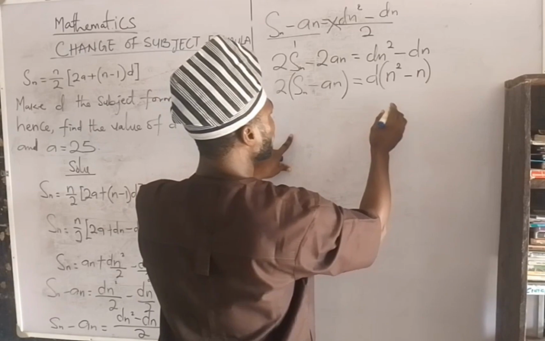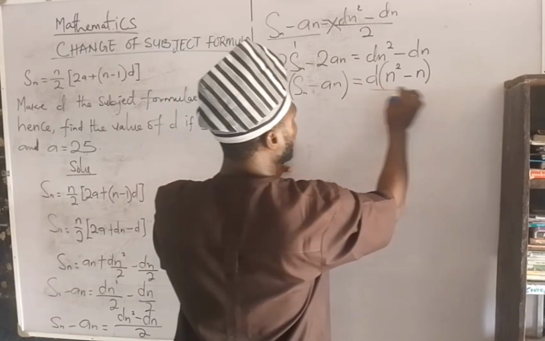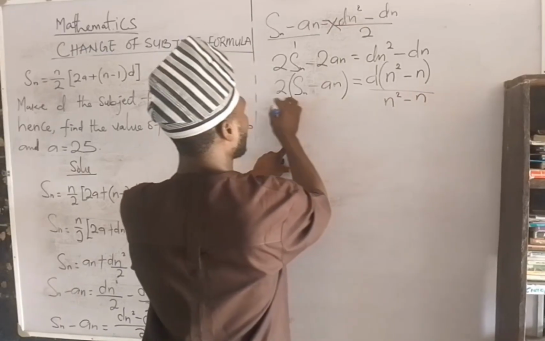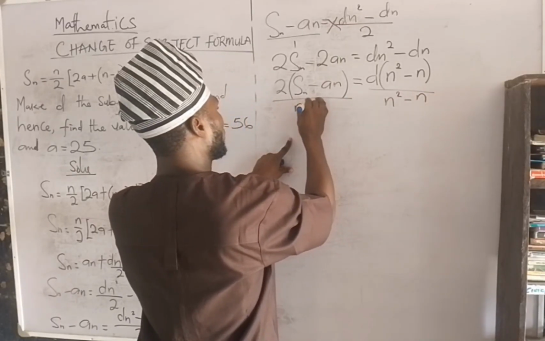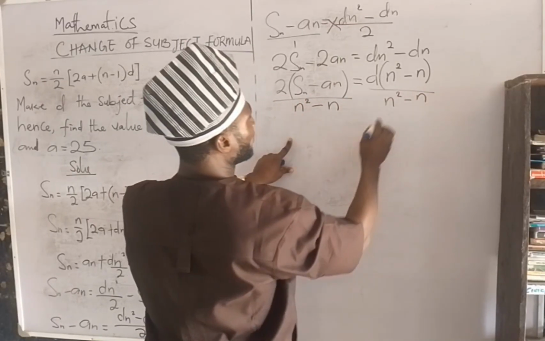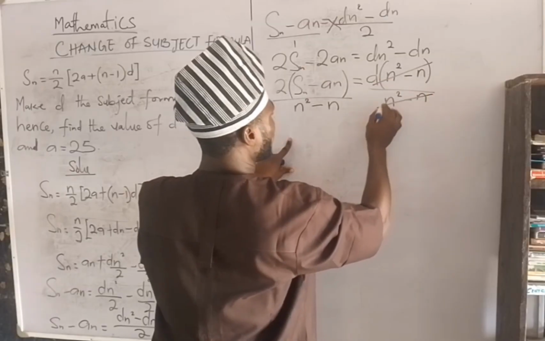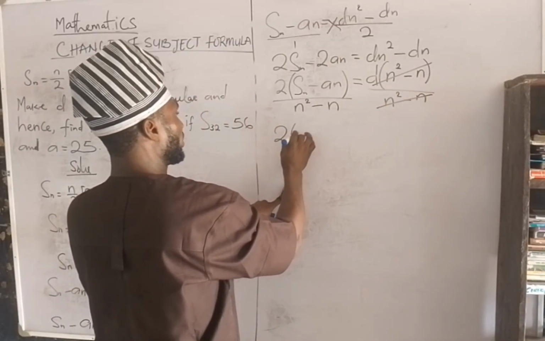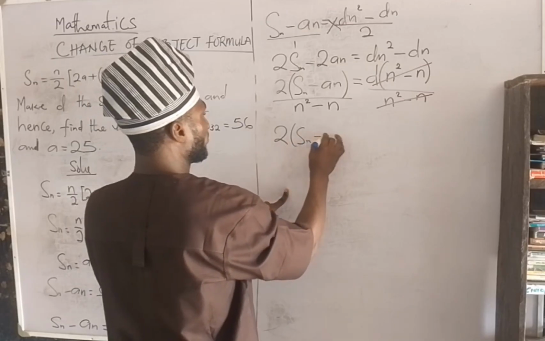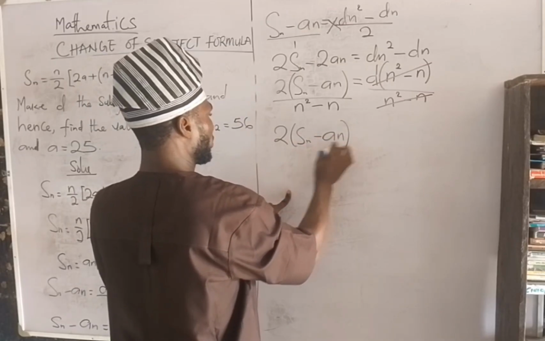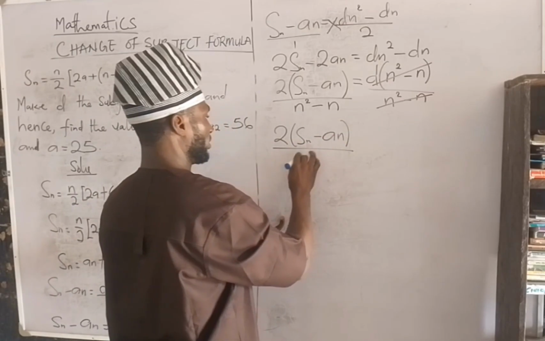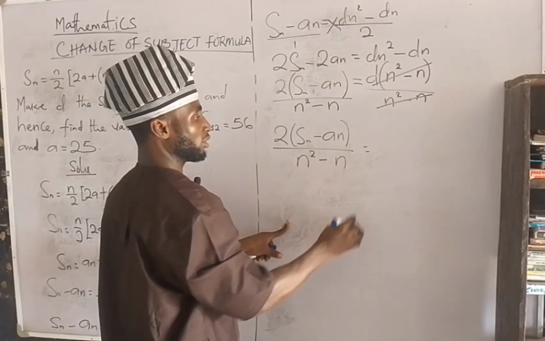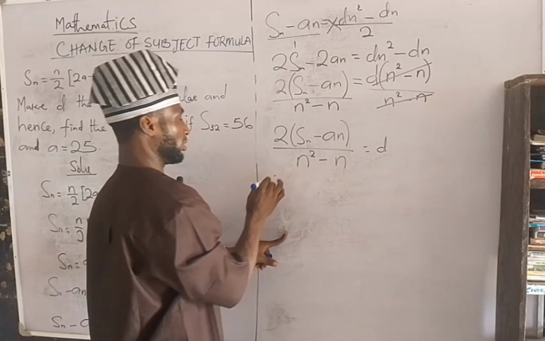So at this point, we are going to divide both sides by n squared minus n, so that this strikes out this, then we'll have 2 in brackets Sn minus An close bracket over n squared minus n is equal to d.